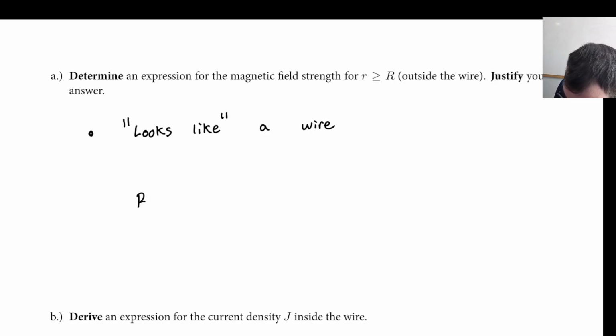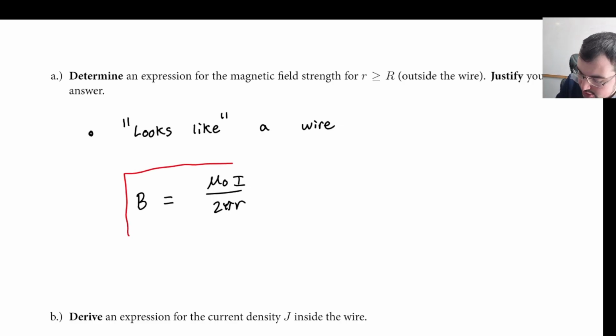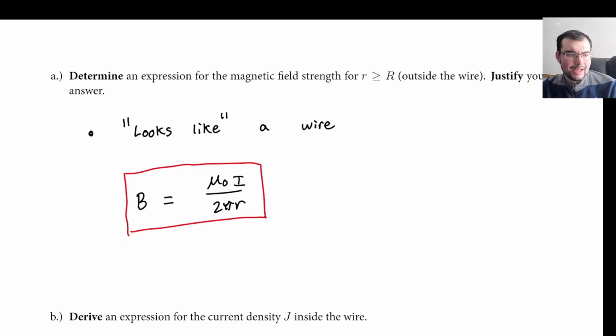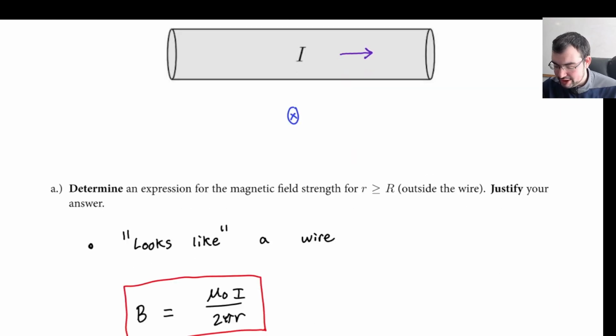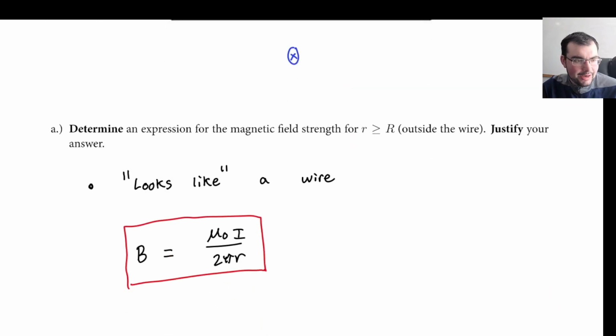So B is just going to be mu naught I over 2 pi r, where r is this distance from the center. So just like with electric fields, whenever you're outside a distribution, you just do that center to center distance idea, where you take this distance is r. We have just been pretending our wires aren't thick at all. That doesn't really change anything, though. Still mu naught I over 2 pi r.